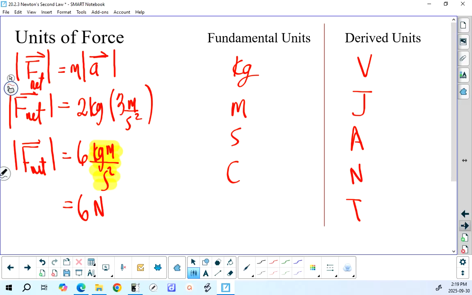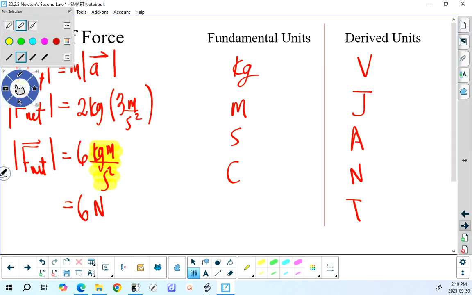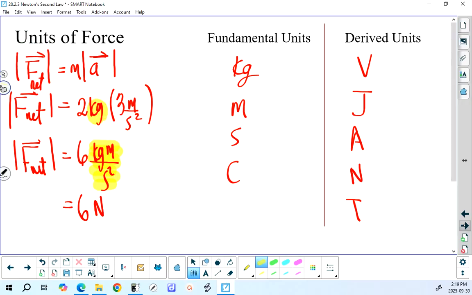I mentioned that because by the time you get to Physics 30, we'll be doing more unit analysis. And I also want you to know why kilograms times meters per second squared gives you newtons. It's because we say it does. A kilogram times a meter per second squared is a newton.